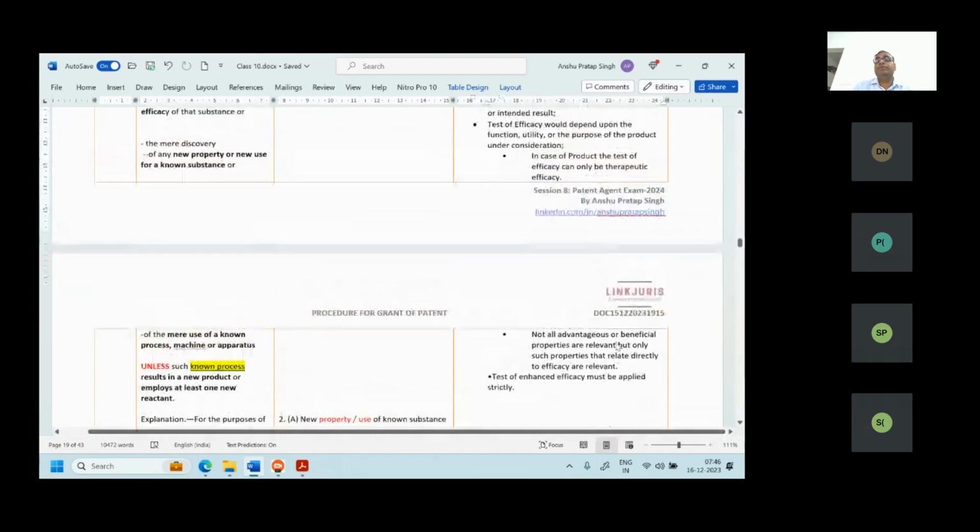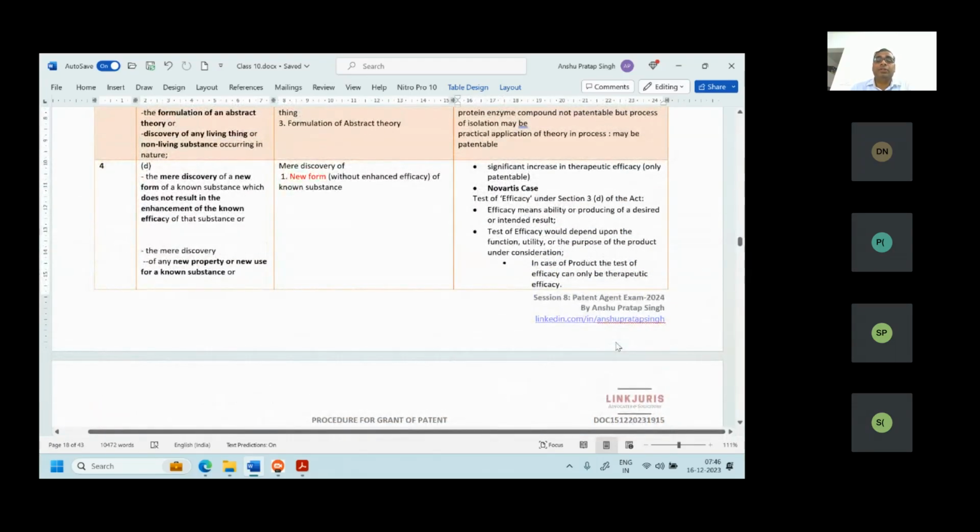That is, if the desired results are getting produced in larger probability or in better proportion, then yes, you can get it patented. Otherwise, you cannot get a patent on that particular new form.